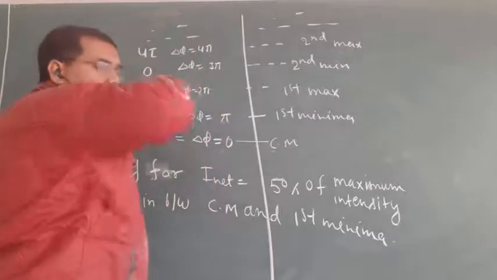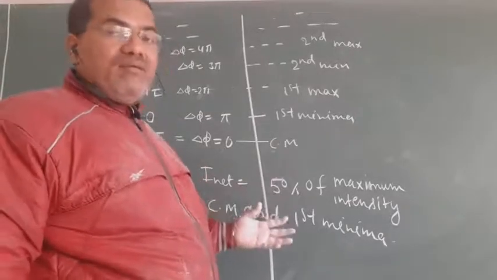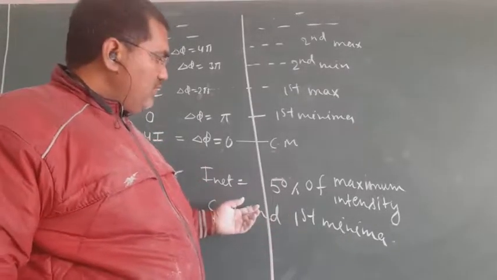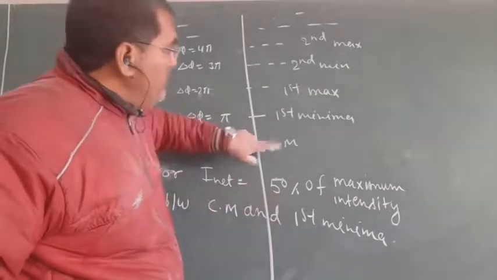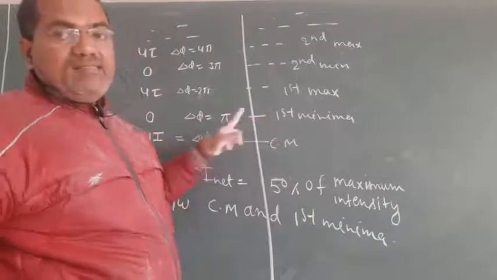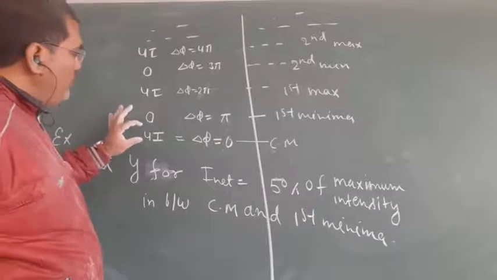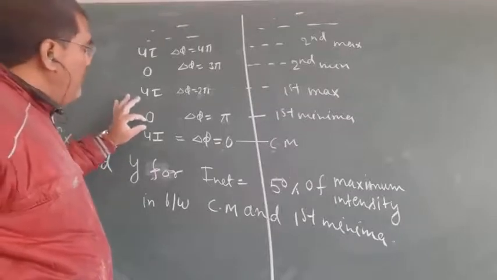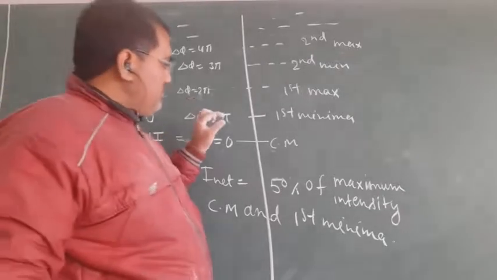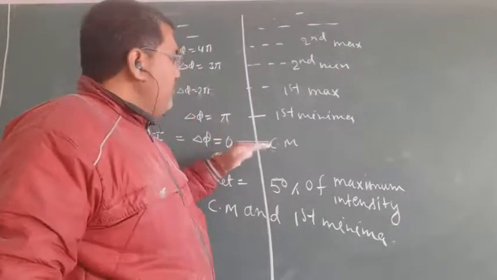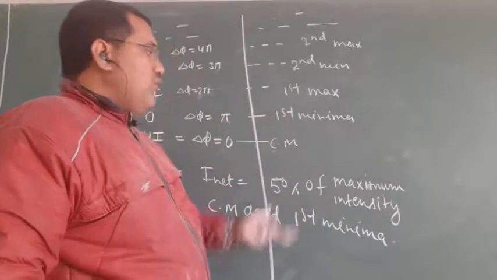So in every region there is 2I, but we have to find the 50% intensity of maximum intensity in the region between the central maxima and the first minimum, that is 0 to pi. In 0 to pi, intensity decreases from 4I to 0, so 2I will be in between. So how do we get it? Let's see.